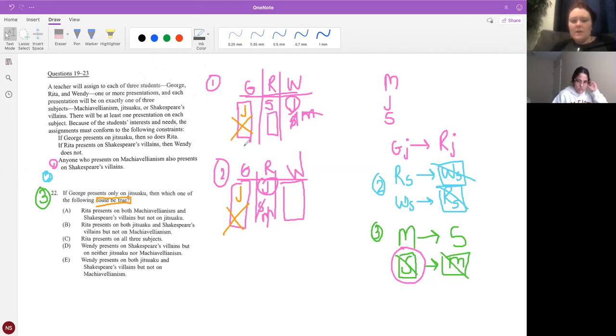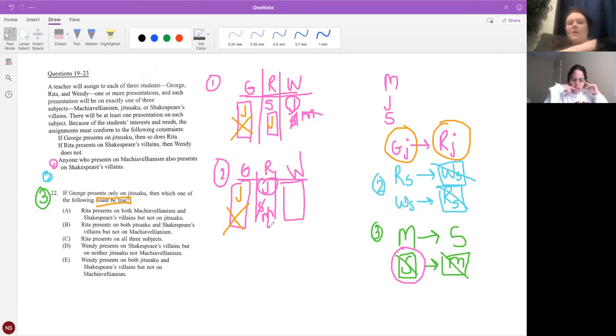In world one, if G has J, we know that R also has to have J, correct? Yeah. So I'm going to put J in here. And the bottom one is also done. So both of these only have J. So then what does that mean for W in world two?